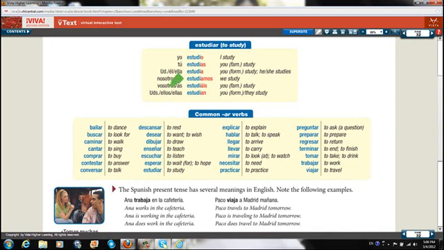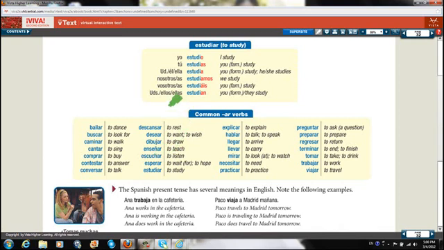So instead of Juliana, we want to say she. Ella, we use the a ending. Take off the AR. Ella enseña el español. En línea, online.